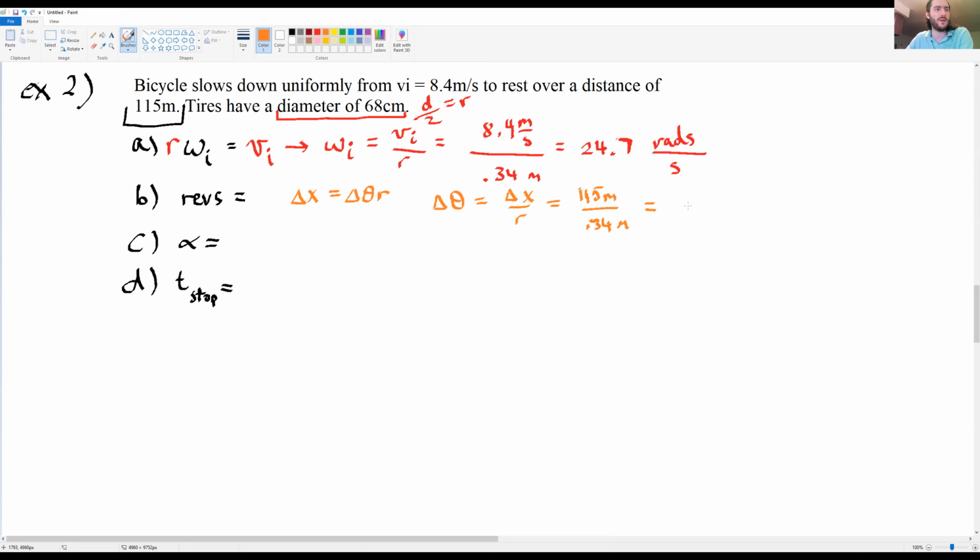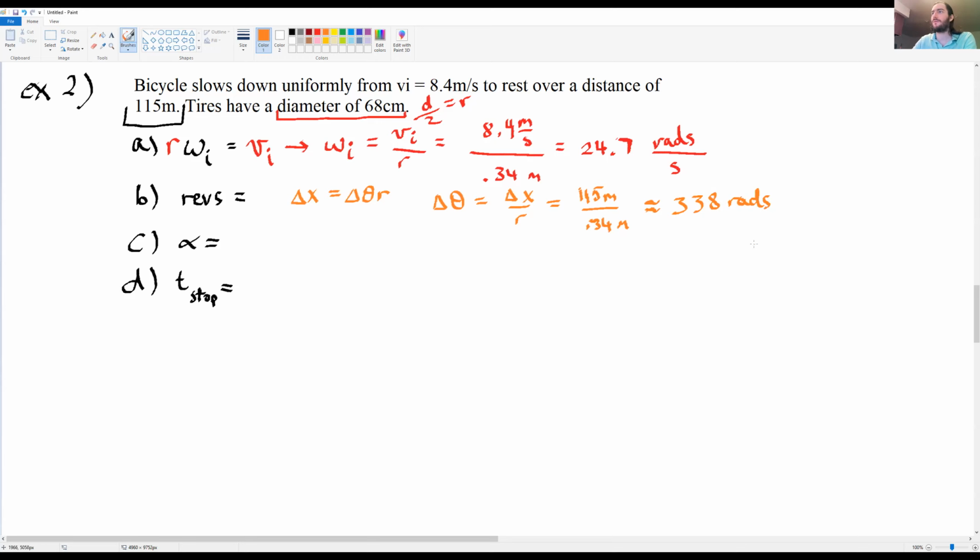And the value that we get here, let me calculate it real quick, unless somebody already has it. 115 divided by 0.34 is 338 roughly. Approximately 338 radians. Okay, and that's in radians.